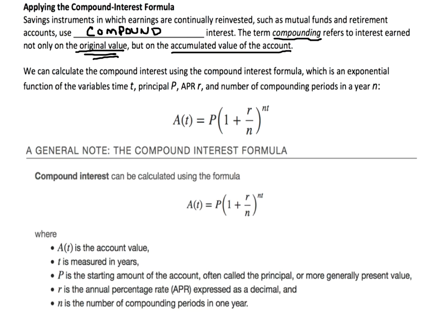So let's say at the beginning of the first month, I deposit $100 into that account. At the end of the month, I'm given 10% of the amount that sat in the account. So 10% of 100 is 10. So at the end of the first month, I have $110.